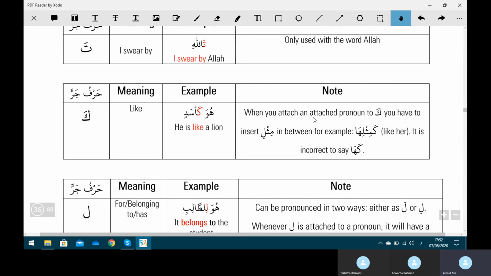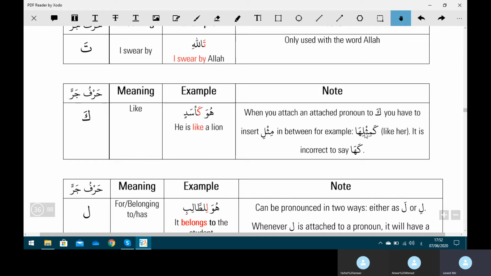When you attach an attached pronoun to ka, like you want to say like him, like you, like me, like us, you have to use the word mithli in between. So you say kamithliha, like her, or kamithlihi, like him, or kamithlika, like you, or kamithli, like me, or kamithlina, like us.